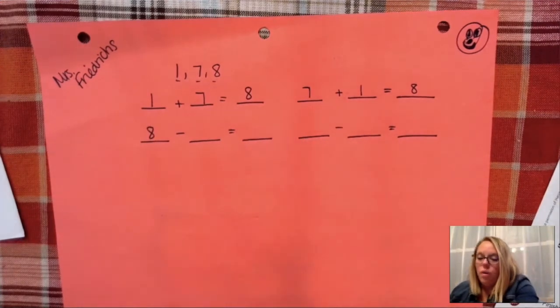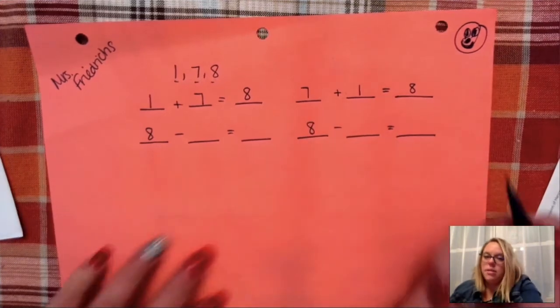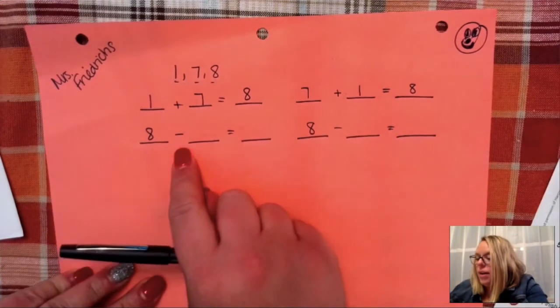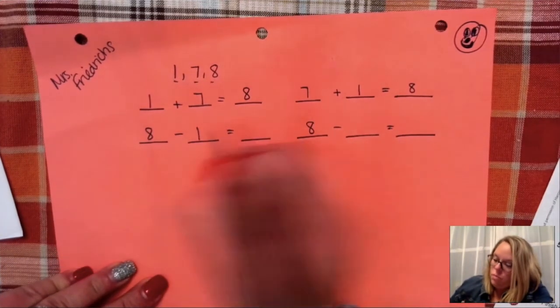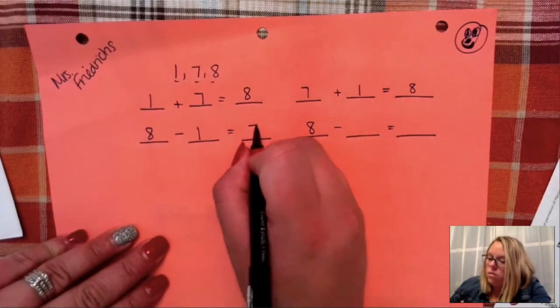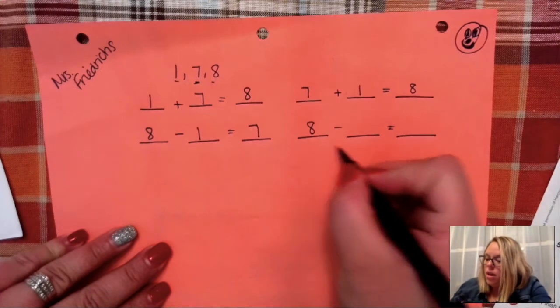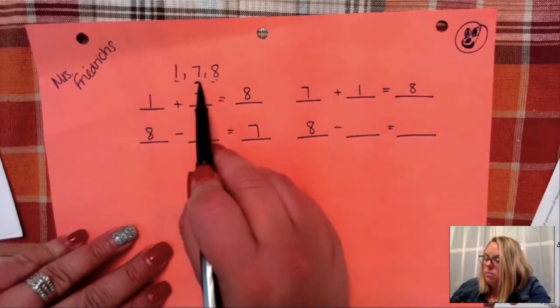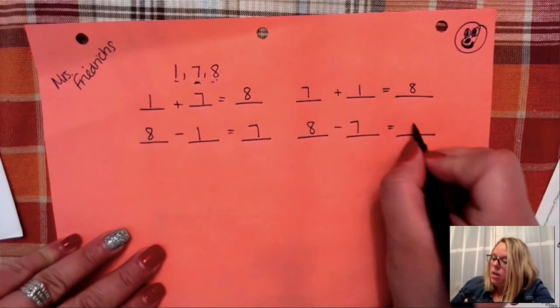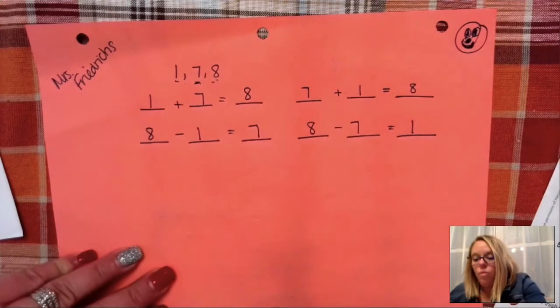There's 2 of those also. Start with your biggest number. 8 minus 1 equals 7. Those are the numbers I have. And 8 minus 7 equals 1.